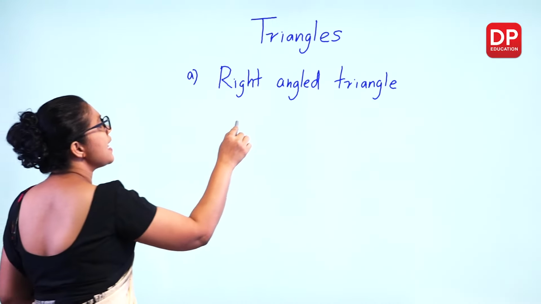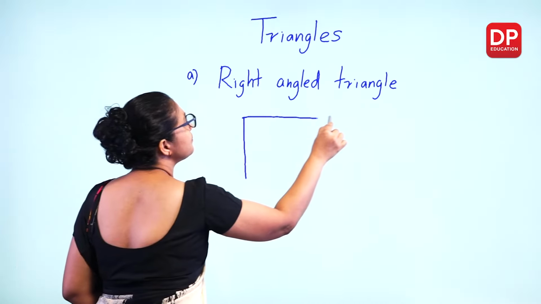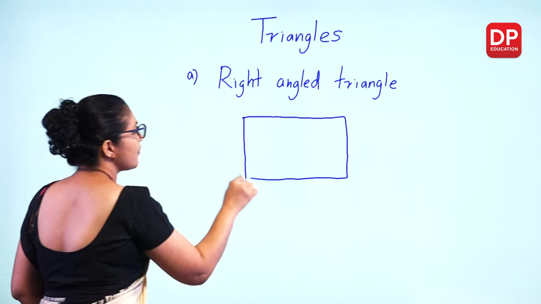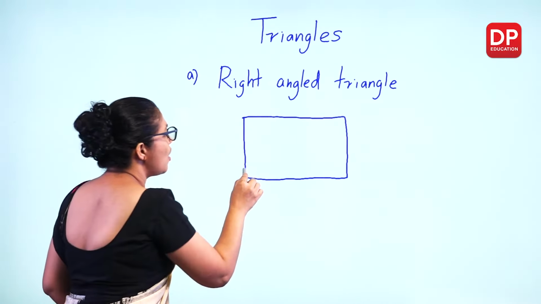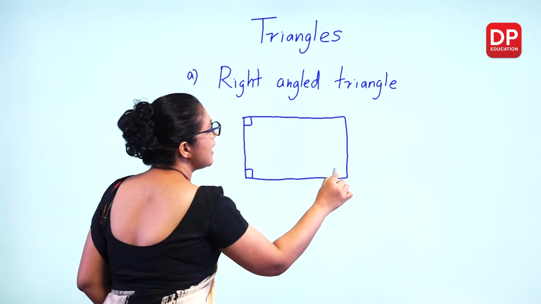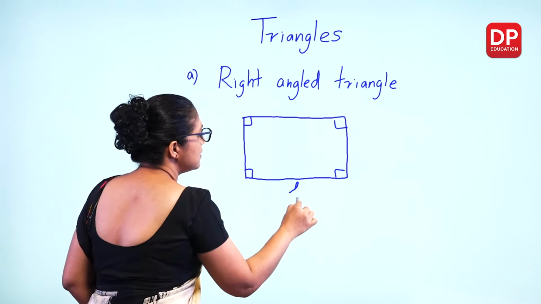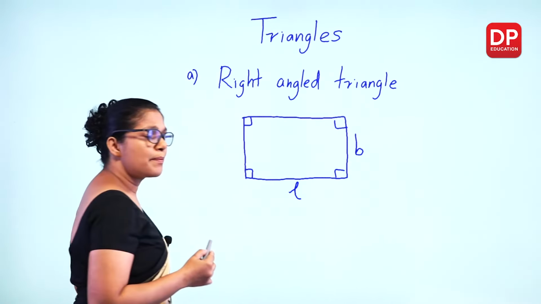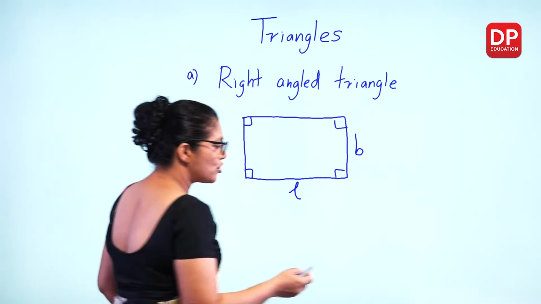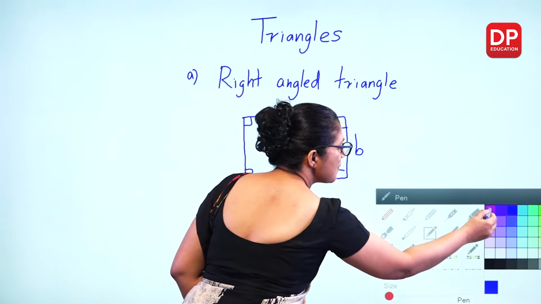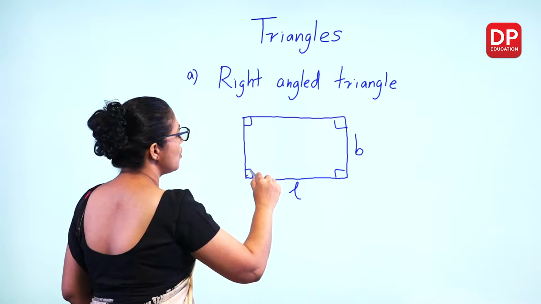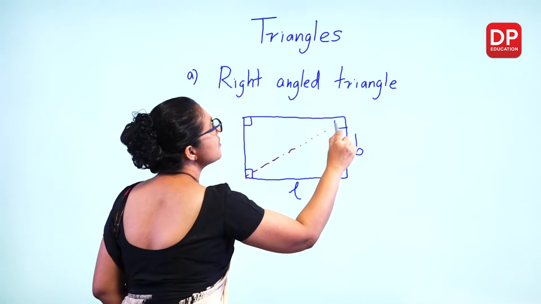So first we'll take a rectangle, a rectangle with length L and breadth B. Now I want to divide this into two equal triangles.